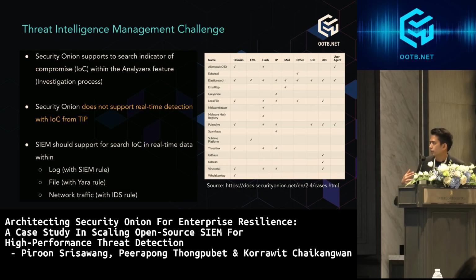By default, Security Onion supports threat intelligence with limited function: it can search your data against external threat intelligence within the investigation process, in the analyze feature. We hope that Security Onion could be more complete and support real-time threat detection with threat intelligence in logs, in files, and in network traffic, in real time.